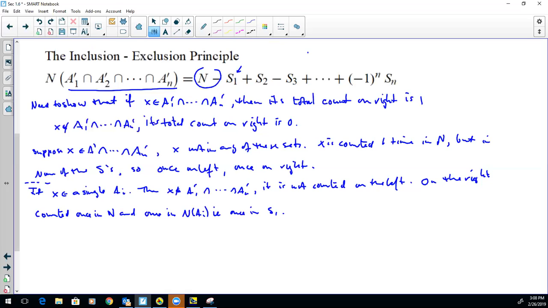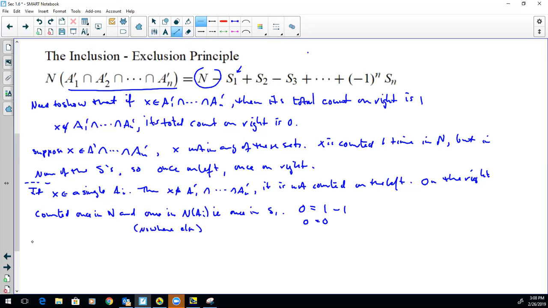So what we have on the left is 0. On the right, it's counted once in N and once in the S1 and nowhere else. So it's not counted on the left, and it's counted once but subtracted off, so it's 0 on the right as well.